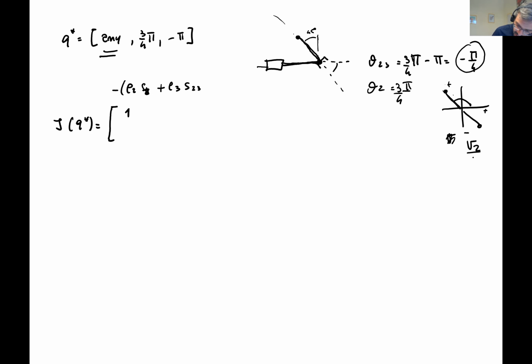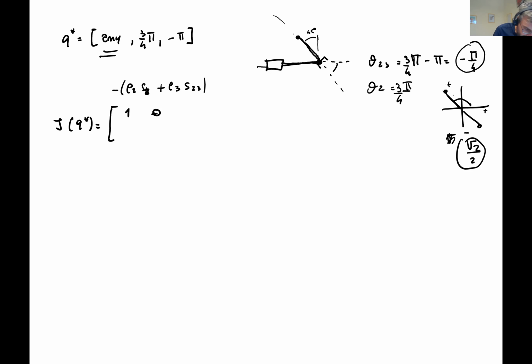And both of them have this value because it's 45 degrees, cosine and sine, and they both have a value of square root of 2 divided by 2. So this term in the middle becomes 0 because they have opposite signs, so they cancel each other.